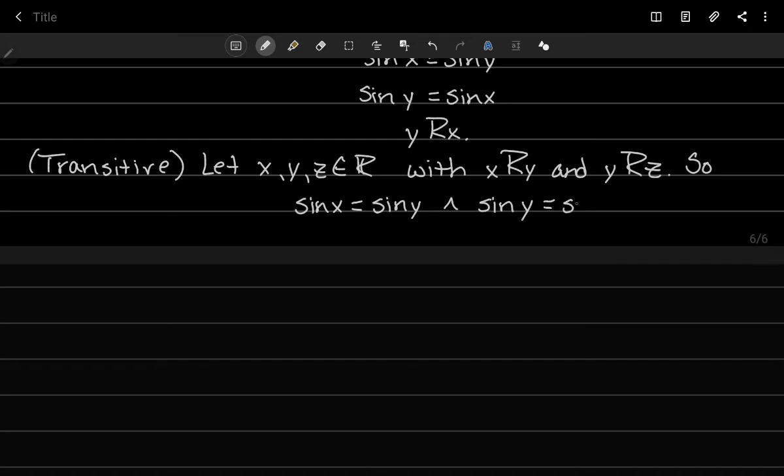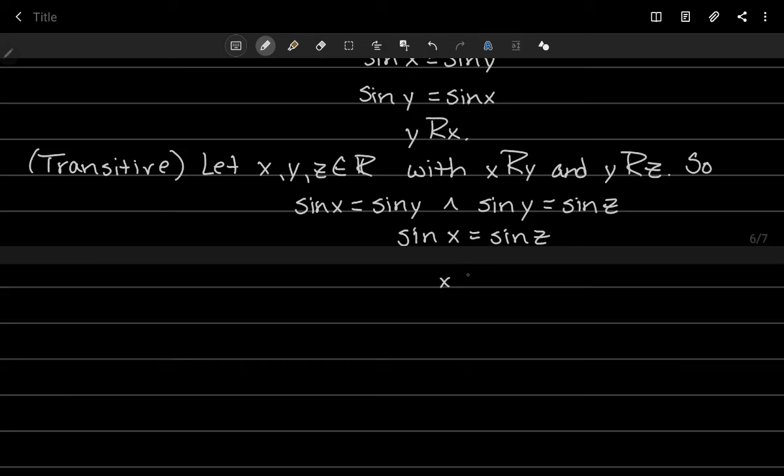That's just what it means to be related according to this relation. But wait, sine of y is what it is. So that means sine of x equals sine of z. They equal the same thing. They must equal each other, which means x is related to z. So we get transitive.